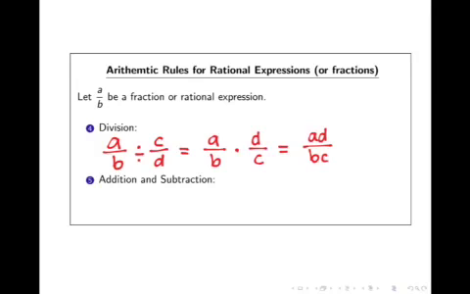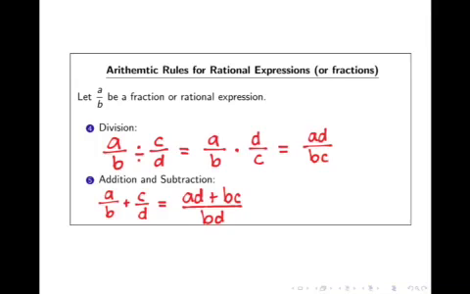And finally, for addition and subtraction, we know when we're adding and subtracting fractions, we need a common denominator. The same is true when we're working with rational expressions. So to add a over b plus c over d, we'll need to get a common denominator, often by cross-multiplying. And if we do, we'll have ad plus bc over bd.